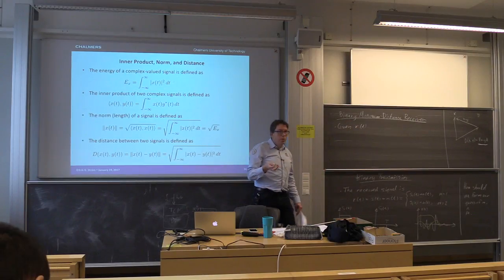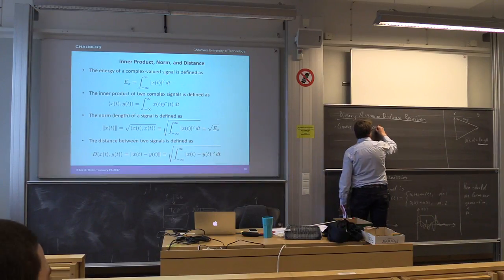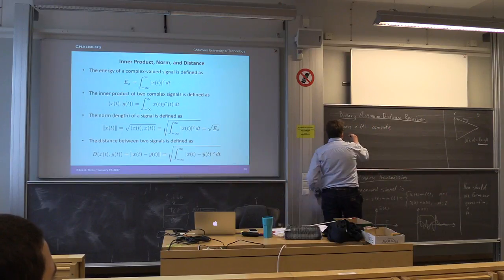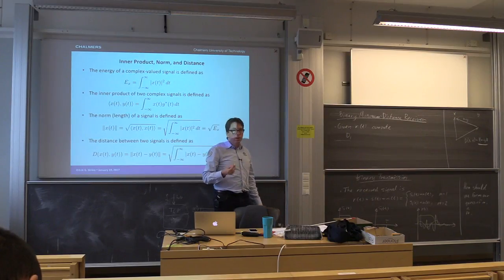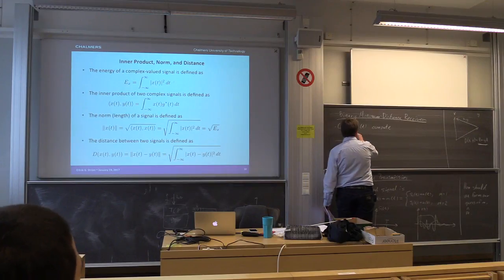Remember that we want to make a decision based on our observations. We observe R. So given R, we compute the distance d1, that is the distance between the received signal and the first signal alternative.